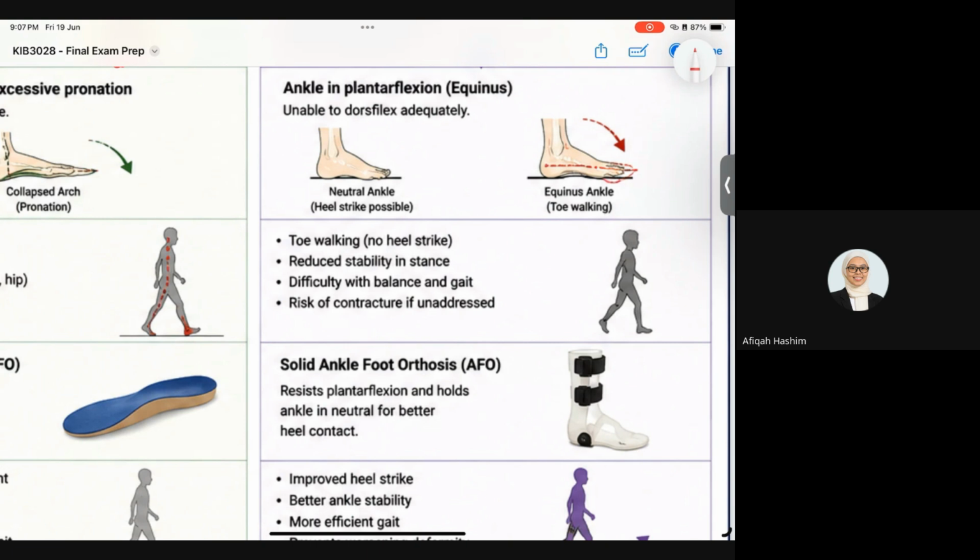So I prescribe a solid ankle foot orthosis in order to resist the plantar flexion, restore the heel contact, improve the ankle alignment and produce a safer and more efficient gait. So that is biomechanical reasoning. Whenever you answer your orthotic question, remember: impairment, biomechanical deficit, functional problem, orthotic intervention, expected outcome.